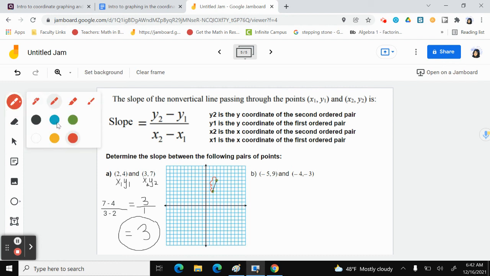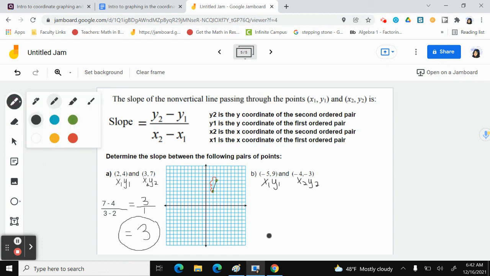Let's try to get the slope for this final set of coordinates. So again, this is my x coordinate. This is my y coordinate. This is my x coordinate. This is my y coordinate. I'm going to put the little numbers to be little placeholders. So these both get a 1 to indicate they're the first coordinate. These each get a 2 to indicate these come from the second coordinate.